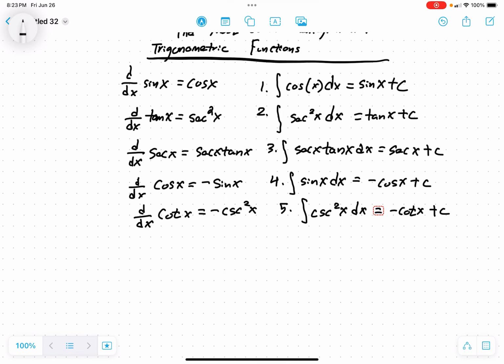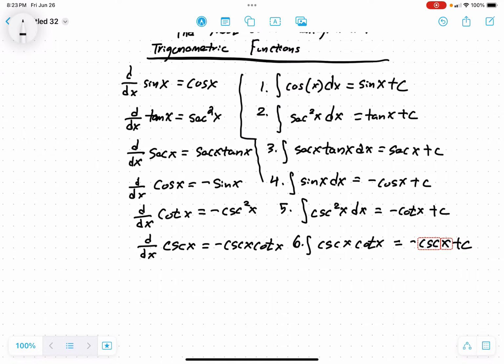And then finally, our last integral that we need to know regarding trigonometric functions is d/dx of cosecant x equals negative cosecant x cotangent x. And therefore, I can say the integral of cosecant x times cotangent x equals negative cosecant x plus c.